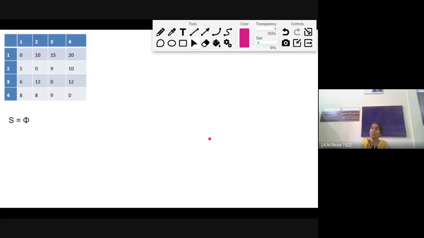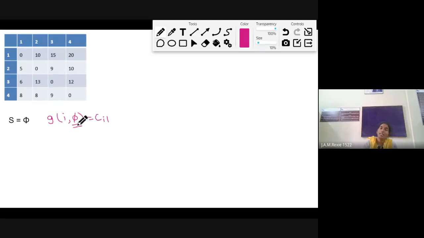So we have to slowly construct our solution from a smaller problem size. So initially our problem size is none. Okay, with having no intermediate vertex, we are going to start the solution. So the base formula has to be applied. That is G of I comma null is equal to the direct distance from I to 1, starting from I directly to go to 1 without having any intermediate.